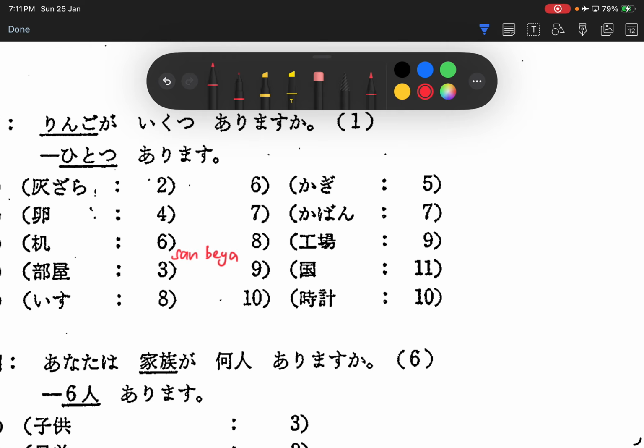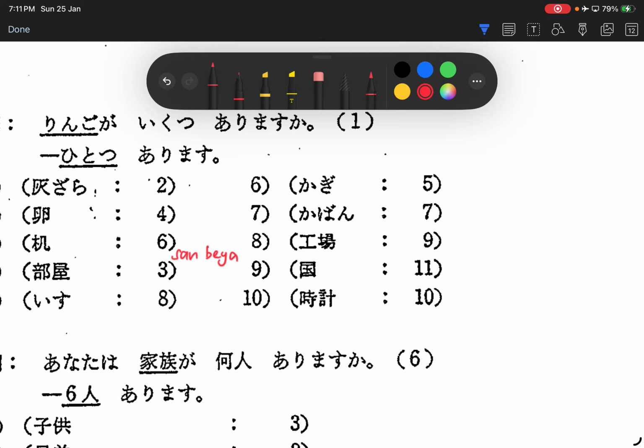Thank you. 9軒あります. Right, so I mentioned to you, as long as the building is a standalone, like a standalone factory, semi-detached, we can still use 軒. But we cannot use it for the high-rise building. Actually, we can use it for high-rise building, but if you are counting high-rise building, we don't really use 軒.